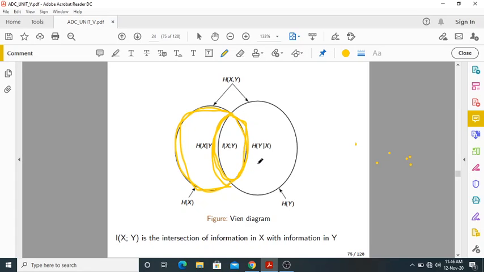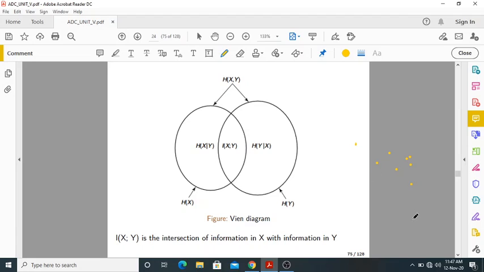That is one way of writing. Next, another formula is h of y minus h of y given x. What is h of y? This complete circle. What is h of y given x? Only this part. Now this part would be mutual information. So that is another formula.